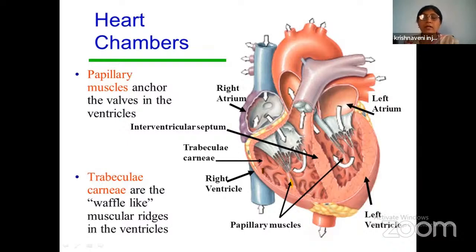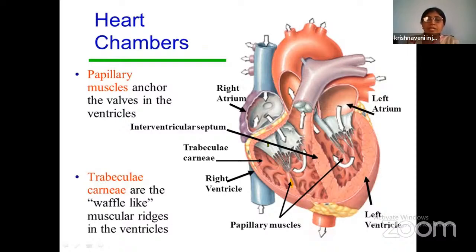First you can find the chambers: the right atrium, the left atrium, the right ventricle and the left ventricle. See, these are the papillary muscles. These are the chordae. They connect the valves and muscles.